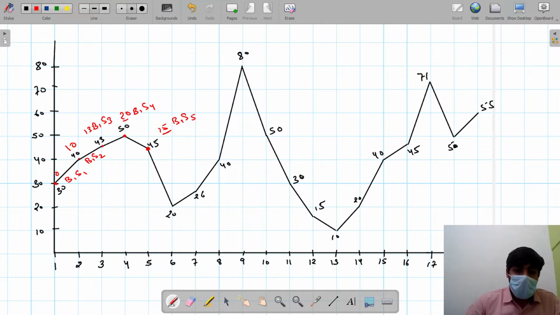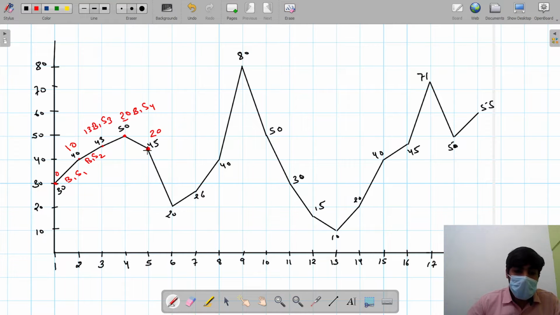But the profit which we get is not greater than the profit which we got before that day. Maximum profit is 20. So we are replacing 15 by 20 because we have to put here the maximum profit, not today's profit, that is the maximum profit which we got in the past before that day.